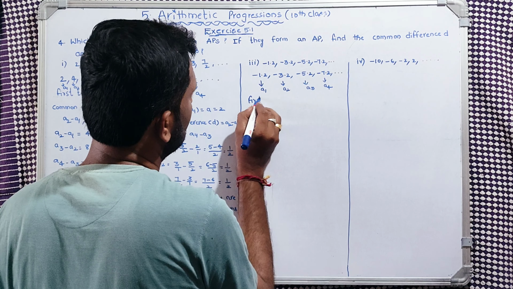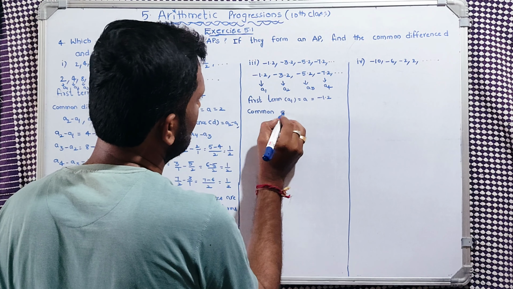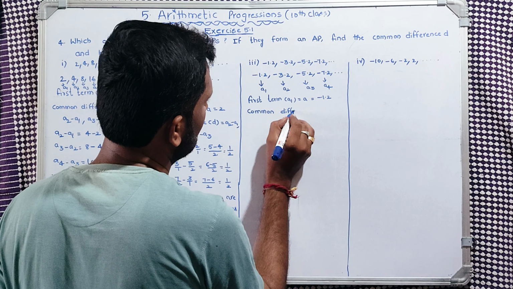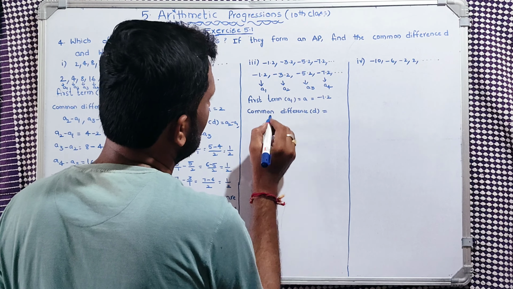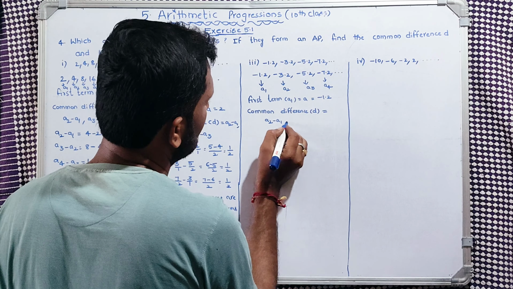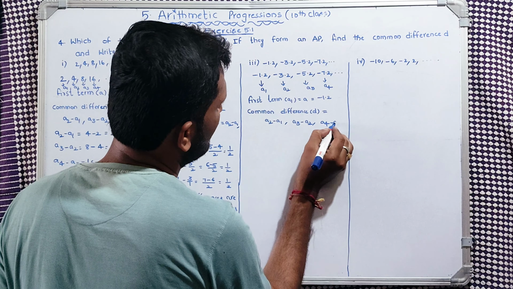First term A1 equal to A equal to minus 1.2. Next, common difference. D equal to A2 minus A1, A3 minus A2, A4 minus A3.